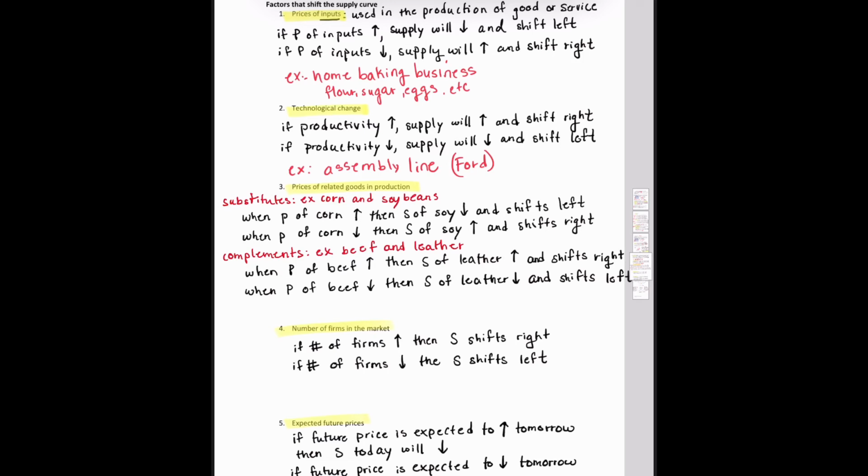As far as number of firms in the market, I always think back to an example I saw while I was in high school. It was when frozen yogurt was all the rage.